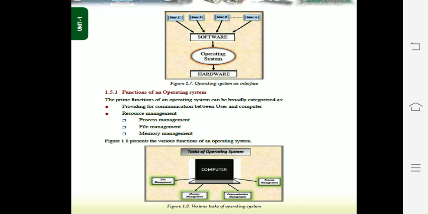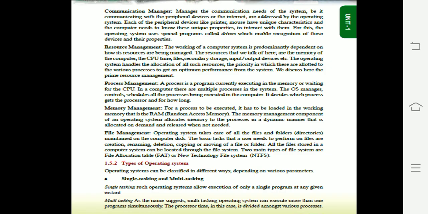To categorize it, there are different diagrams which represent the functioning of the operating system. Then there is the communication manager. The communication manager manages the communication needs of the system, and communication with personal peripheral devices or the internet is addressed by the operating system.